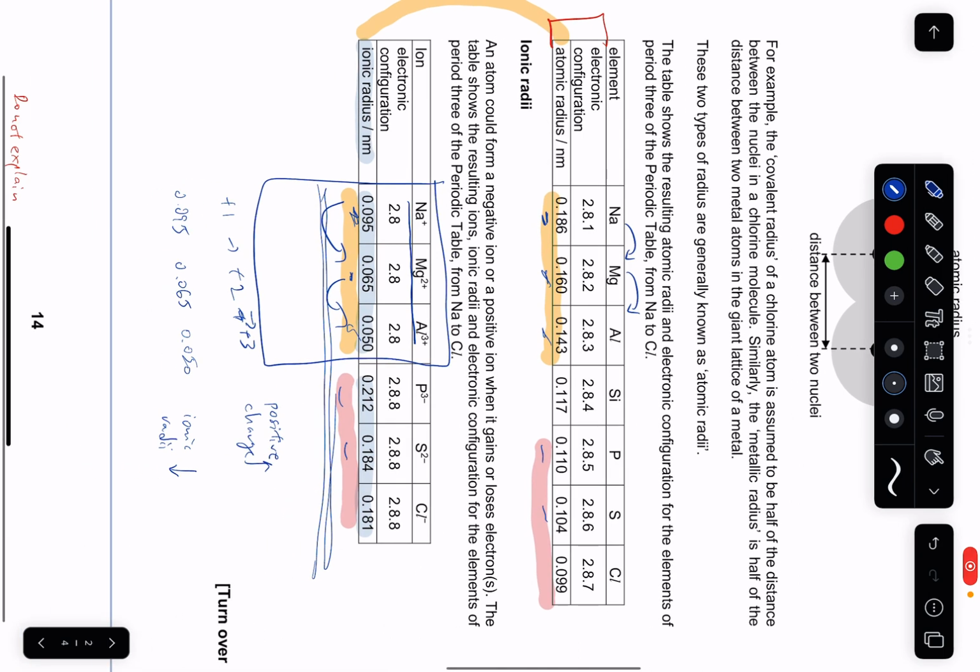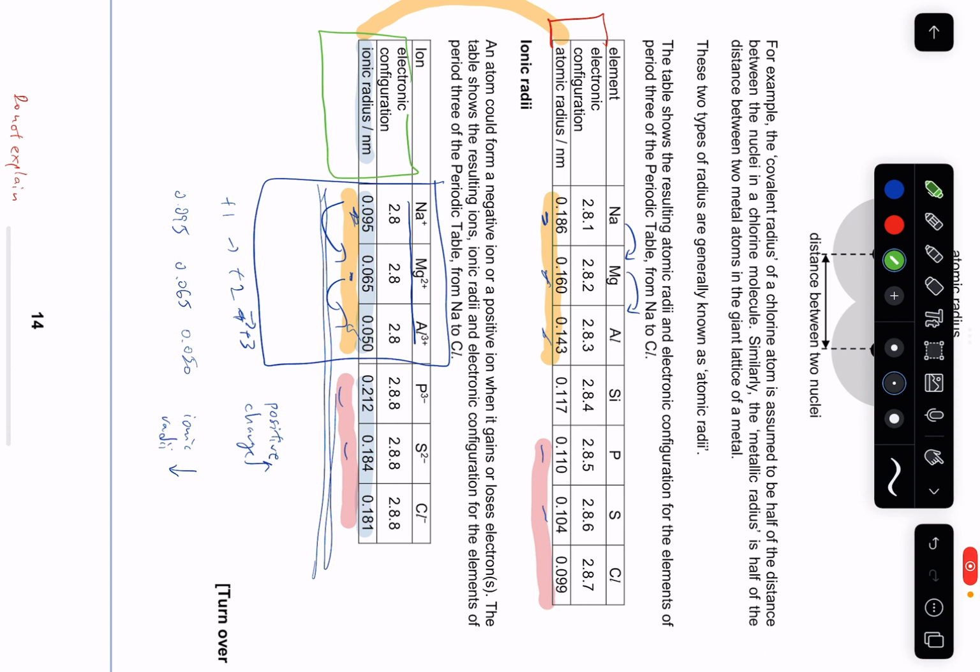So you're looking at these 2 segments. All the ions here, Na plus to Cl minus, they have different electronic configuration. So like you can see there are 2 groups, 28 and 288.